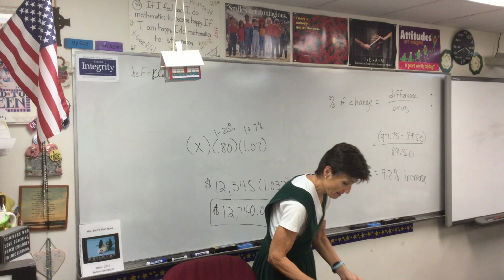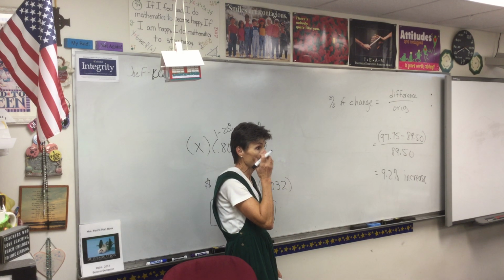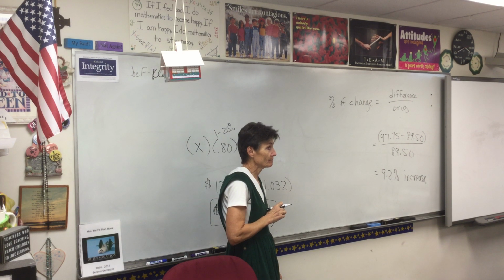What'd you come up with as the amounts of decrease? 20%, basically 20%? Did you get 19.99999 or something like that?